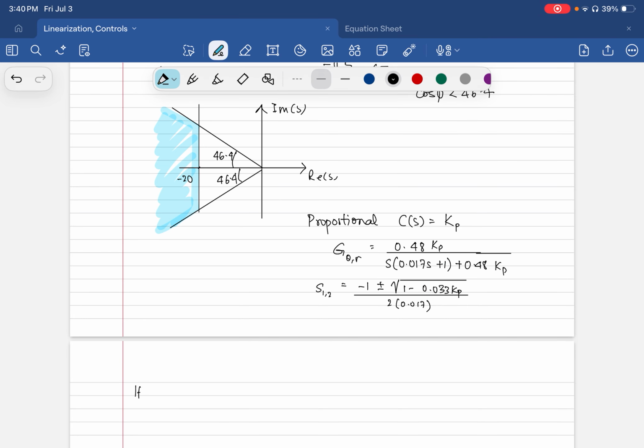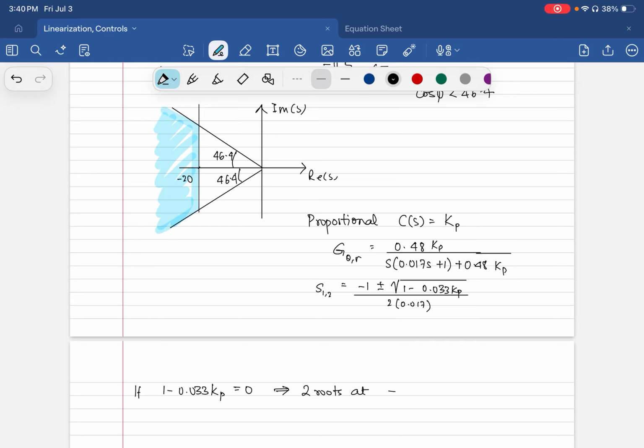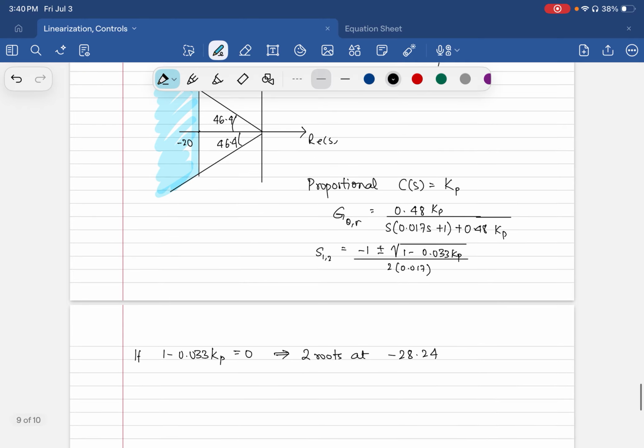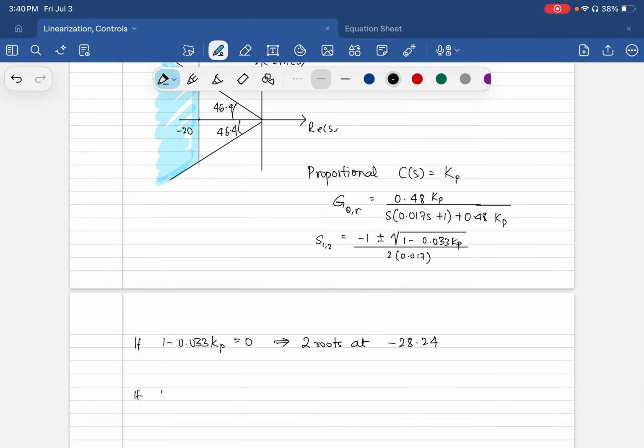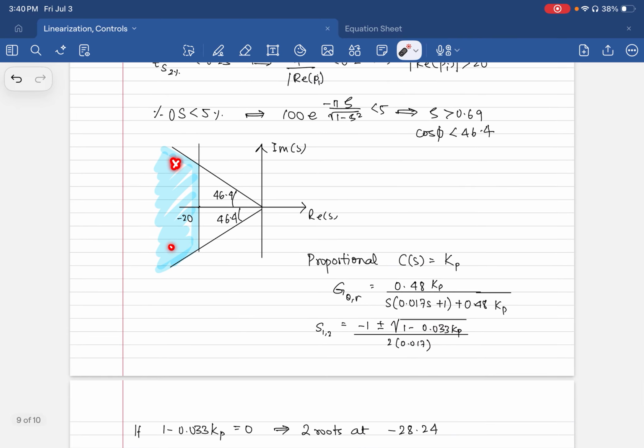So if 1 minus 0.033 Kp is equal to 0, then you would have two roots at a position of essentially minus 1 over 2 times 0.017, so minus 28.24. If instead 1 minus 0.033 Kp were less than 0, then you would have two complex roots, because you then have this thing less than 0, and so it will be a complex conjugate pair.